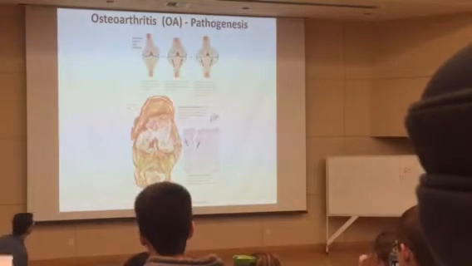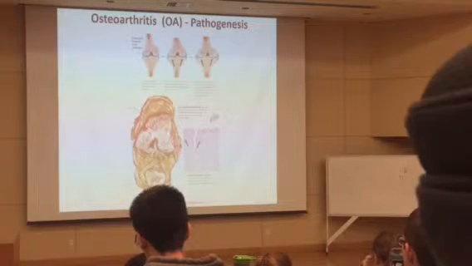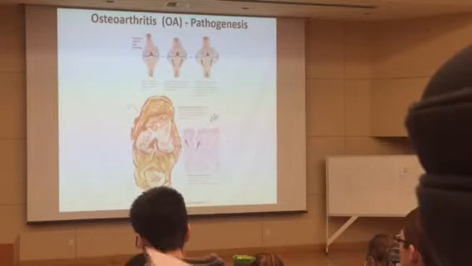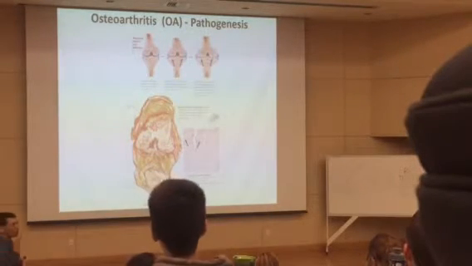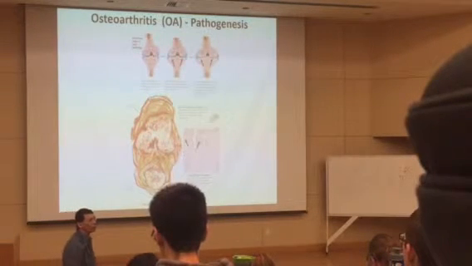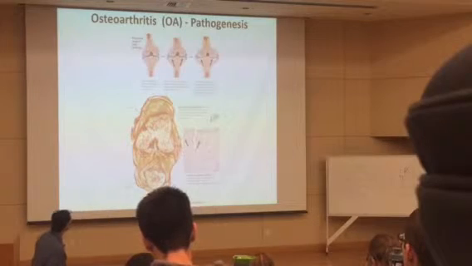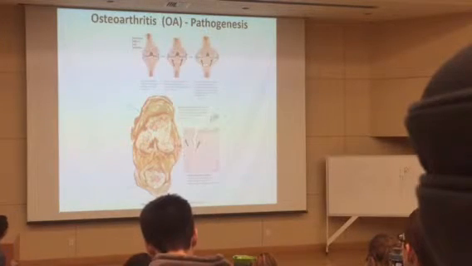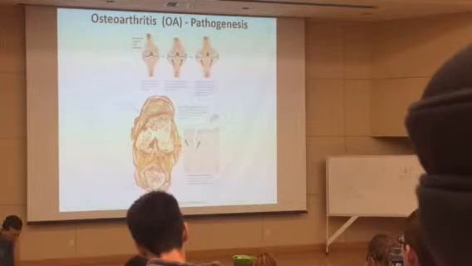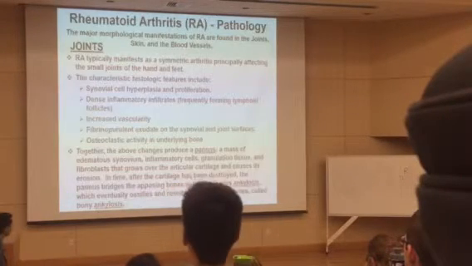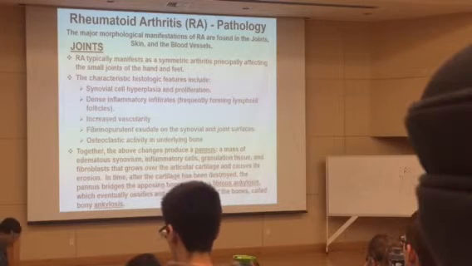And as we talked about in class, you will then have bone grinding on bone from the opposite side, and this tends to cause eburnation of the bone and destruction of the joint, as you literally see in the sequence described up here, and also described in the notes on pathogenesis.